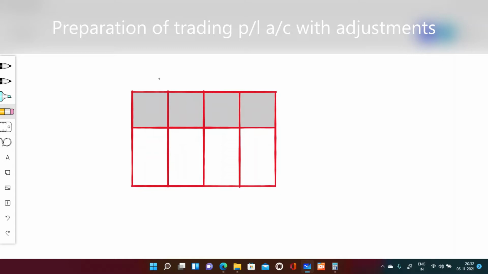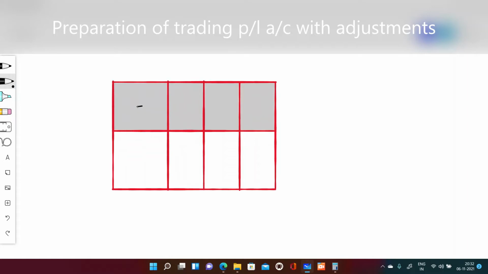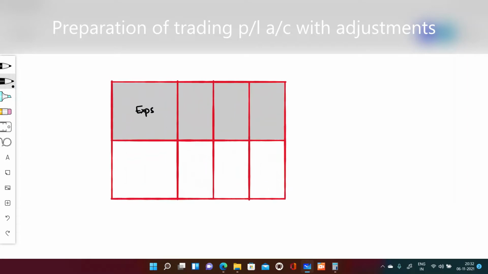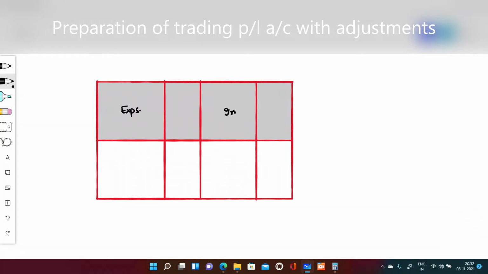So at the end I will write it, but you have to write it at the very beginning. On the top you have to write the heading: Trading PL Account of Messrs Rahul Sons as on 31st March 2017. This is your expense side, and this is your income side.